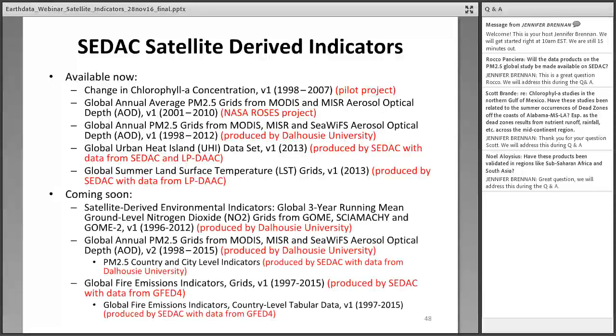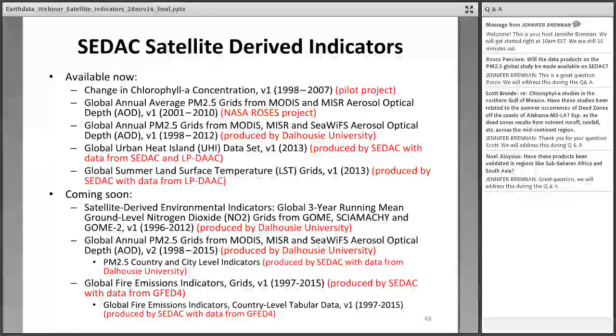And then there are some forthcoming data sets like nitrogen dioxide grids, and a forthcoming particulate matter PM 2.5 grid that is using a slightly more robust model and has a longer extended time series. We'll be producing country and city level indicators alongside those grids so that people can just grab, what's going on in Beijing? How has air quality changed in that particular city over time?